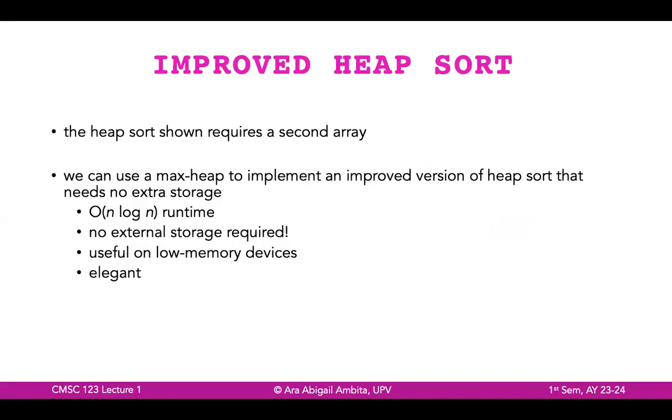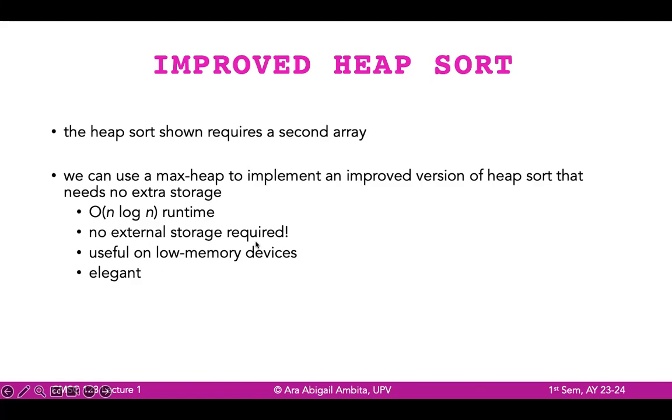Okay, but there is an improved heap sort. Initially, the first algorithm that we have requires a second array. We can further improve it by performing an in-place max heap sort, by not using a second array.